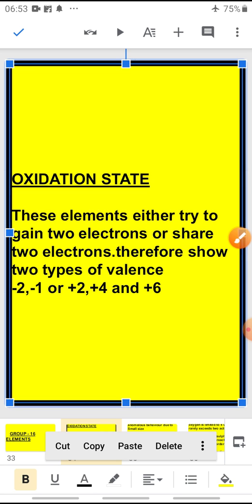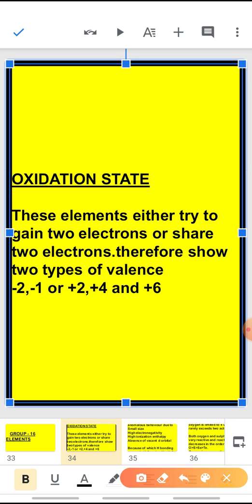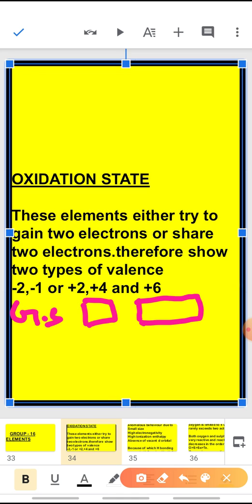If I draw the ground state of the atom, this is the ns orbital, this is the np orbital, and the d orbital is also available. In the ns orbital 2 electrons are present, in the np orbital 4 electrons are present. By this they can show either +2 or -2.